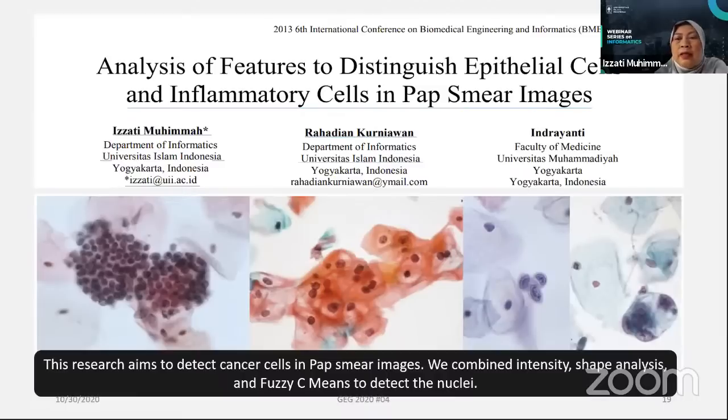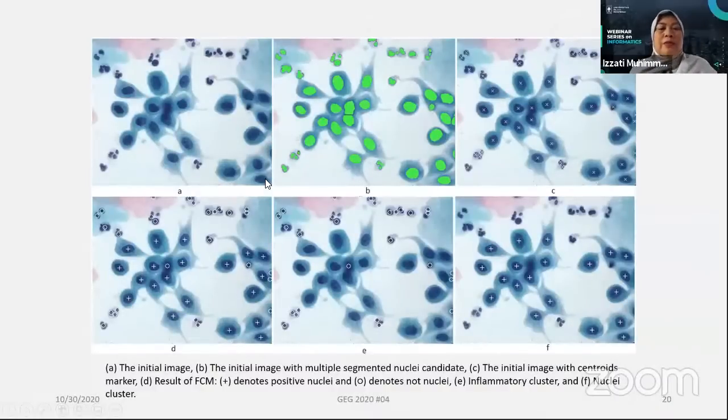Okay. To do so, we do like this. This is an example of one of the images. In A here is the initial image, and here we have some normal epithelial cells and then some inflammatory cells.